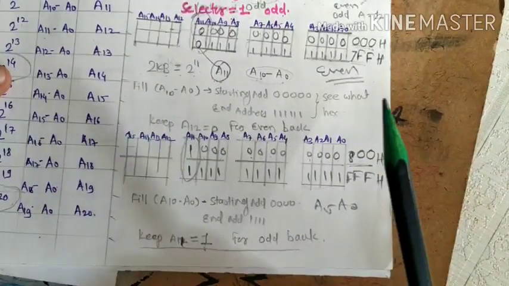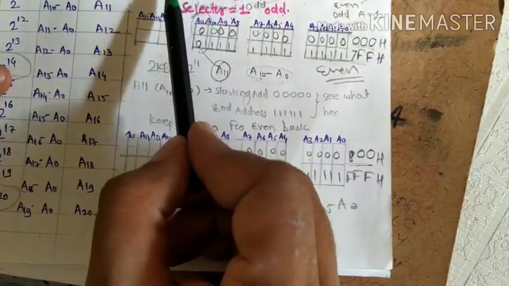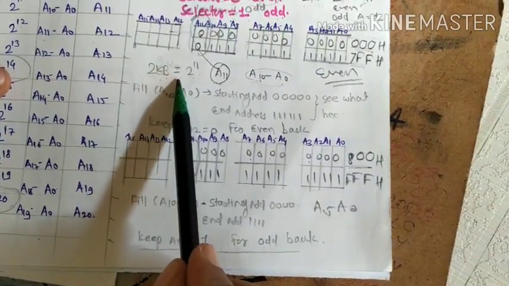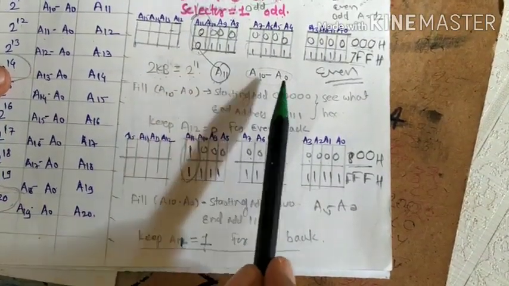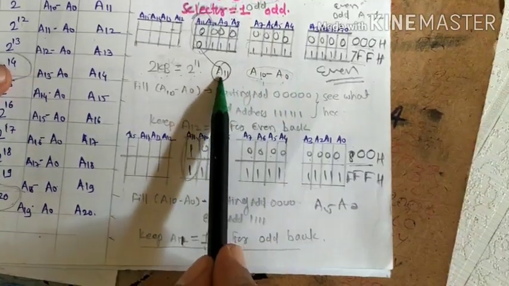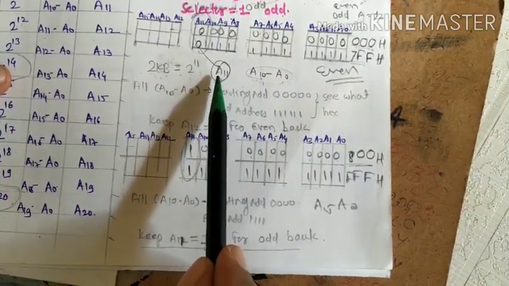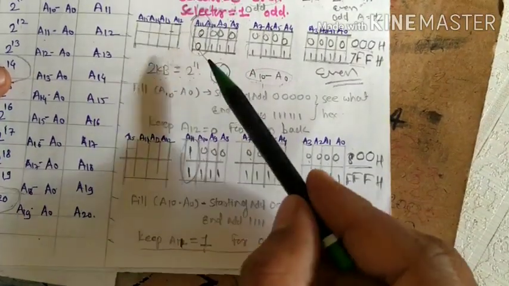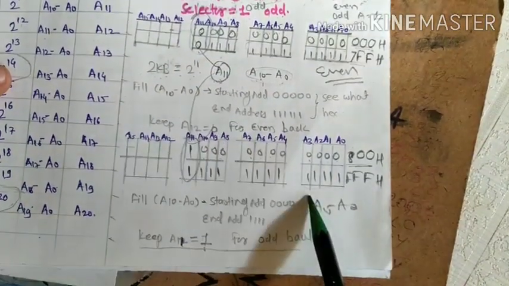And already you know, if we use 2K memory, 2K is equal to 2 raised to 11, that is A0 to A10 as addressing lines and A11 as the selector. If the selector is equal to 0, it is even. If the selector is equal to 1, it is odd.